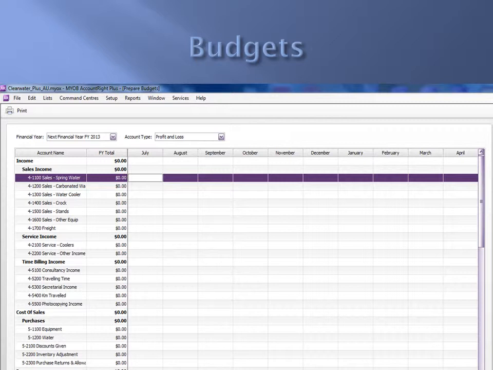It's such an easy step-by-step process to do. You can use previous year's figures, you can increase them by the CPI, or what you consider the CPI will be over the year, so you have the monthly increments, and in the end you have a clear pathway as to what you should hope to achieve in the next 12 months.